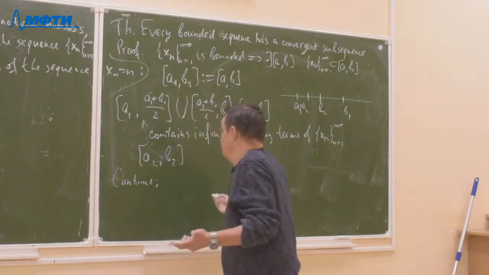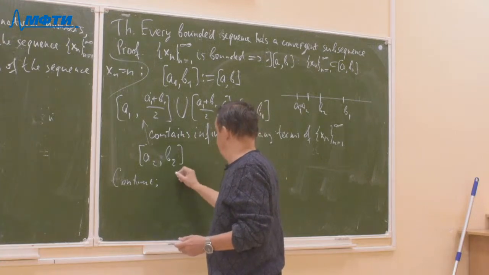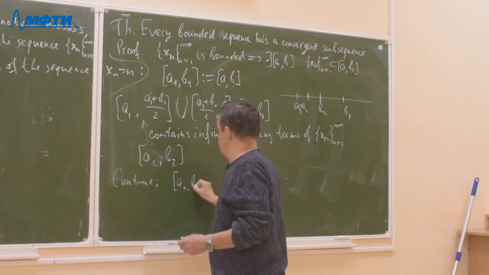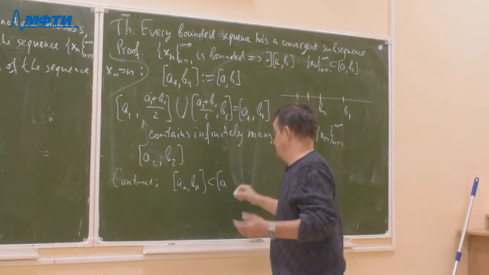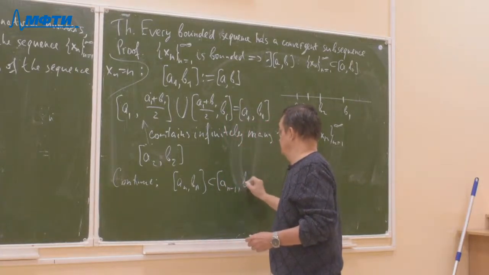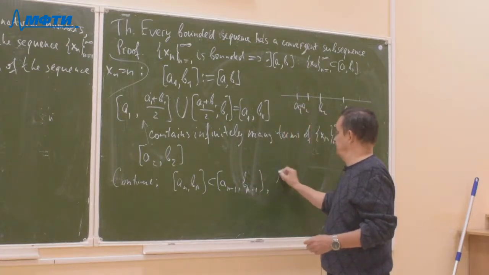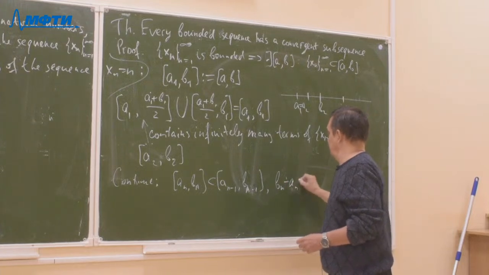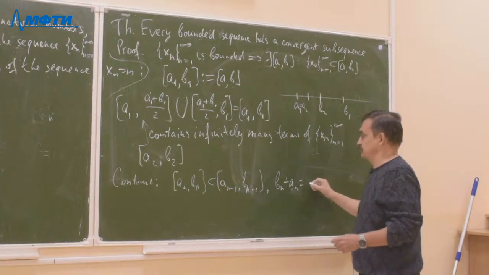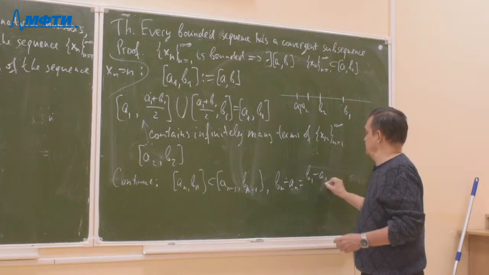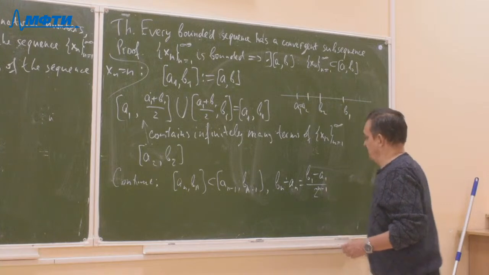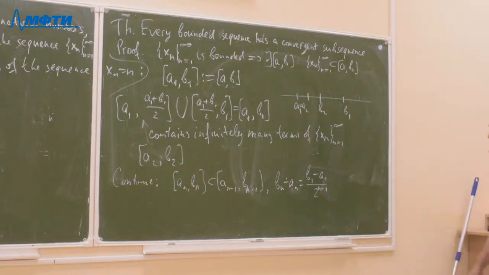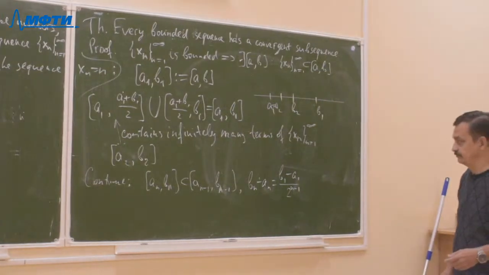So what does continue mean? We have a sequence of embedded, nested intervals, right? The length bn minus an is equal to (b1 minus a1) over 2 to the power n minus 1, since every time we divide by 2.